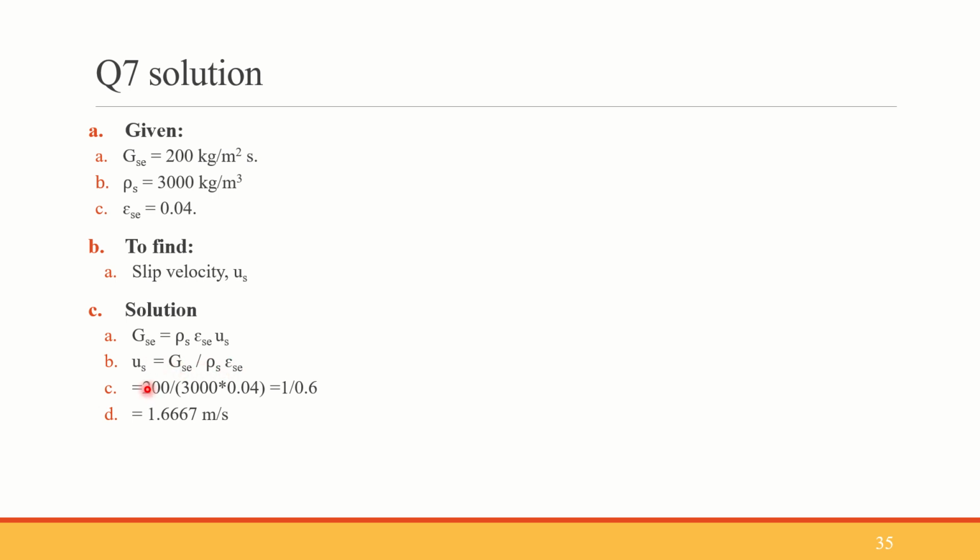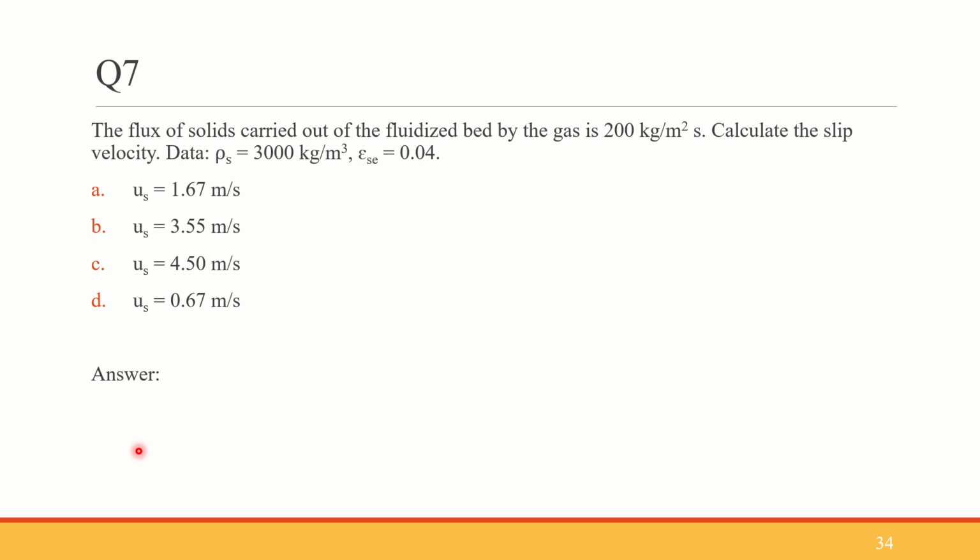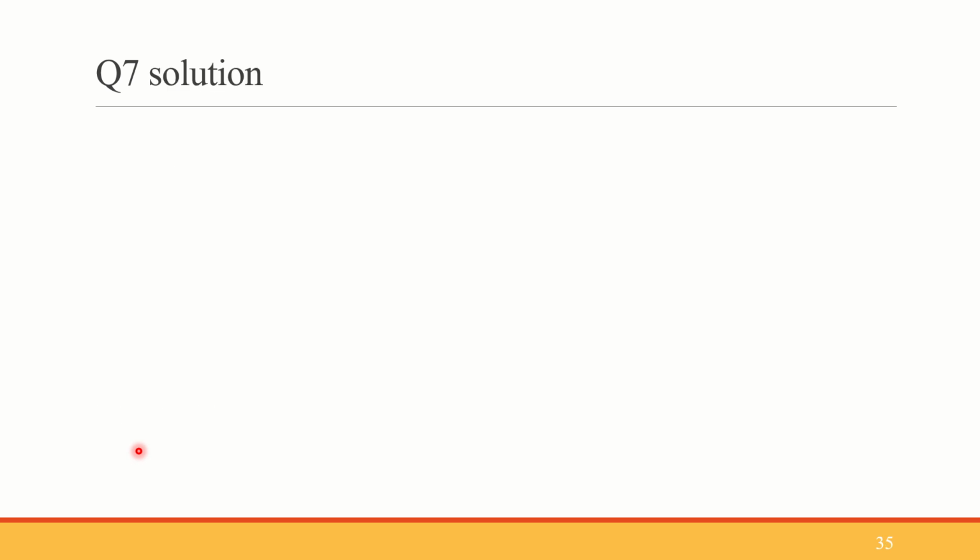GSE we know as 200, rho S is 3000, and epsilon SE is 0.04. 3000 into 0.04 is 120, so 200 divided by 120, or 1 divided by 0.6. So it is 1.666 meter per second, and 1.67 meter per second is the right answer.